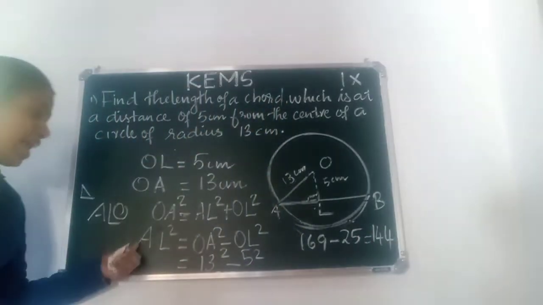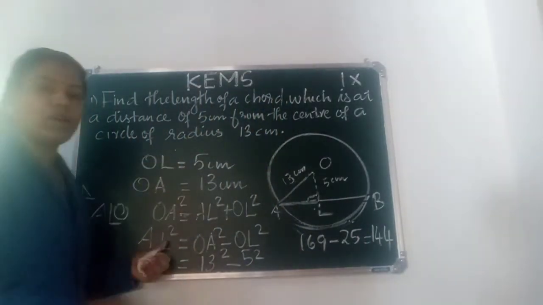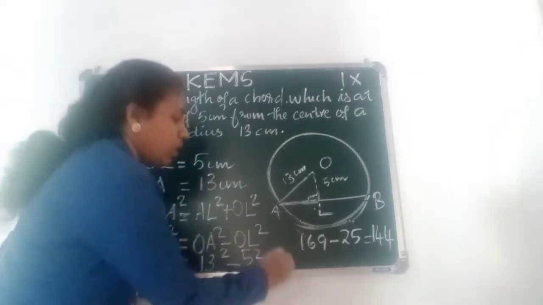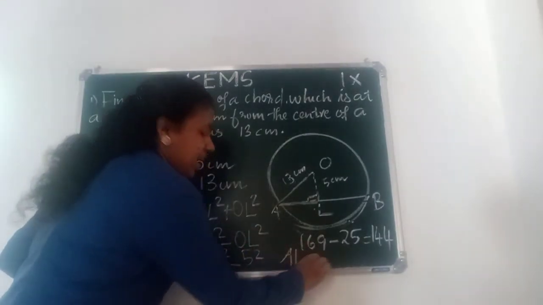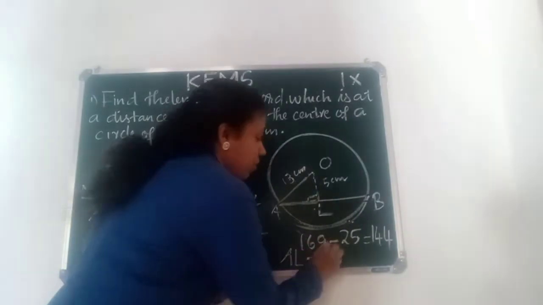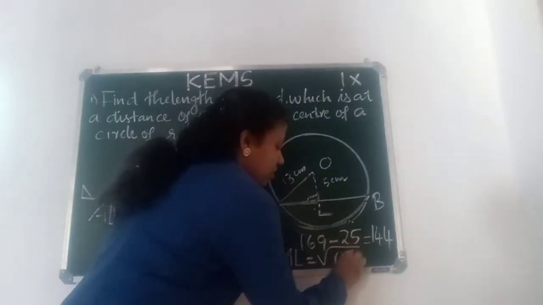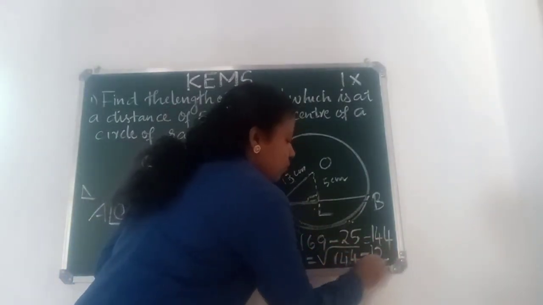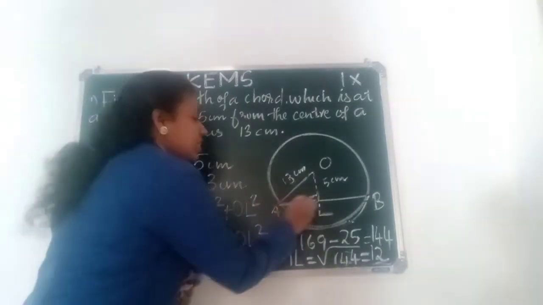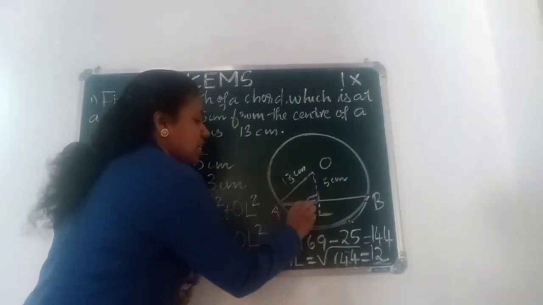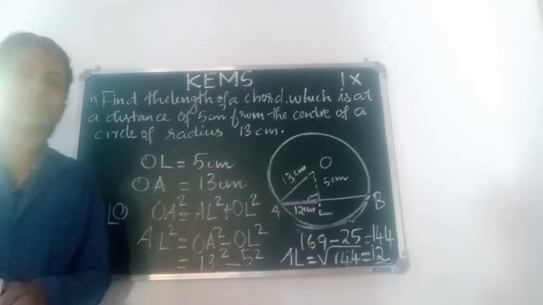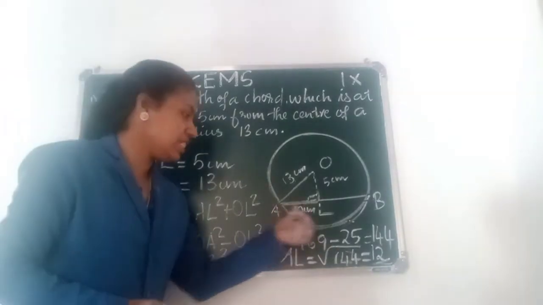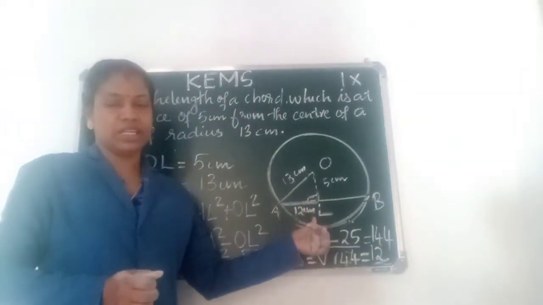This is AL square. AL square equals 144. Now what is AL? AL is the square root of 144, which is equal to 12. So the length of this side, that is AL, equals 12 centimeter.